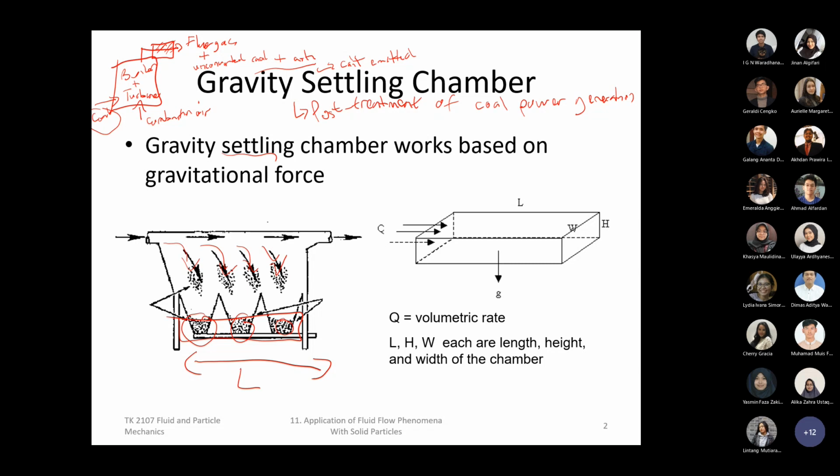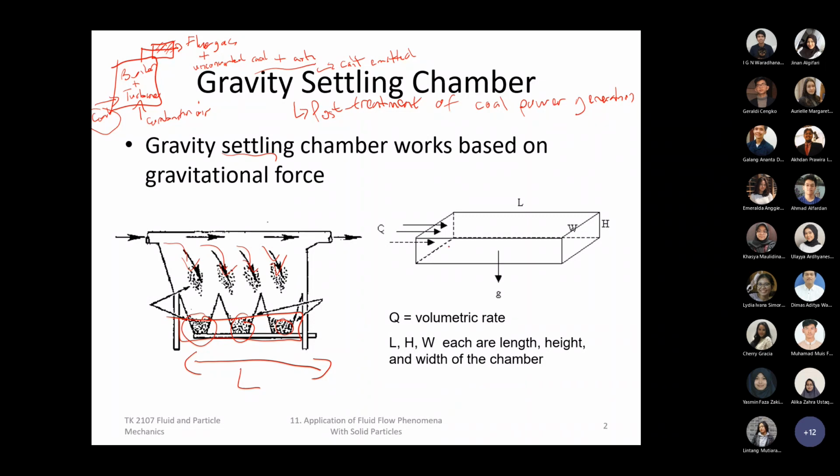So in sizing this kind of equipment, what you have to realize is the correlation between the particle size and the force balance, the settling. Settling means you need to know how the gravity compares with the drag force and the buoyant force.